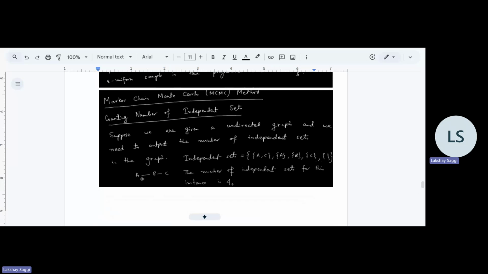Independent sets are essentially sets of vertices which do not share any edge. The empty set is an independent set because there is no vertex, so there is no shared edge. Similarly, the singleton vertices are always independent sets. And the set of vertices A and C is an independent set in the graph. So the total number of independent sets for this instance is 4.